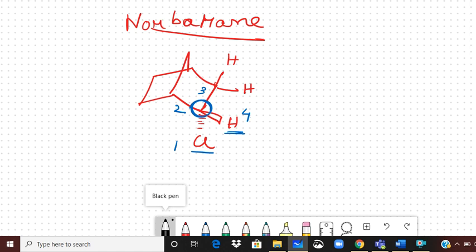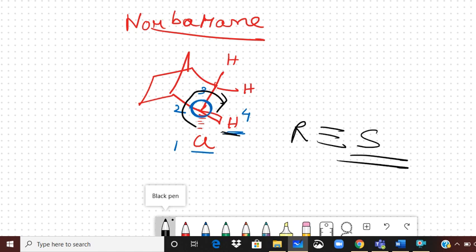So whatever the configuration, it will be like 1, 2 and 3. So it should be R, but since hydrogen, the lowest priority group, is in the forward or upward position, it will be S. So the configuration here becomes S. So we have to remember, even for the cyclic group it is the same. We can easily do it for cyclic groups also.